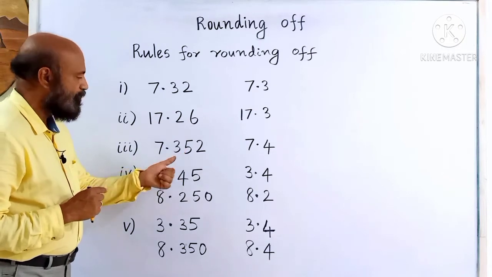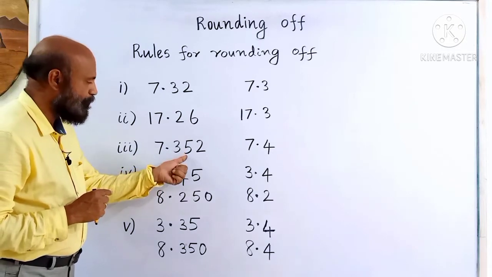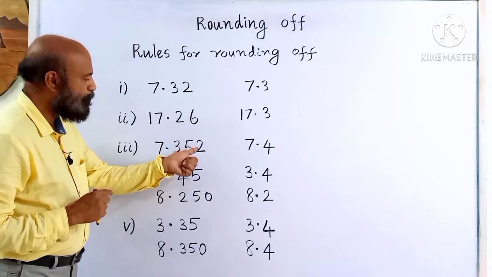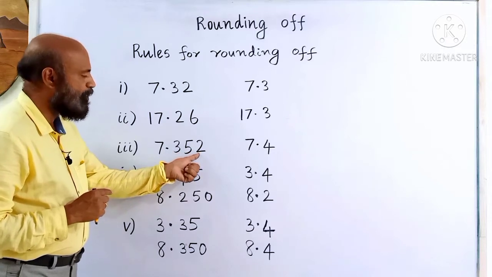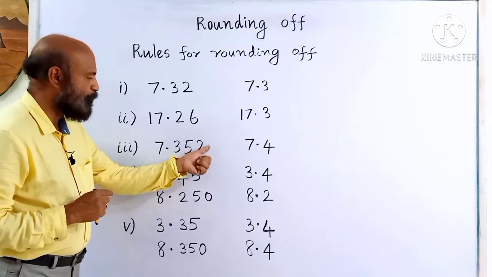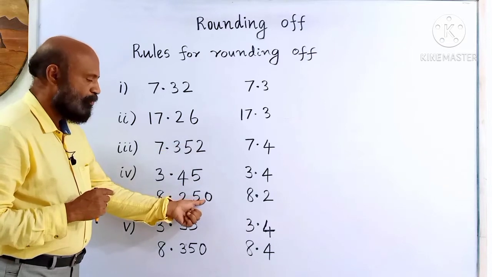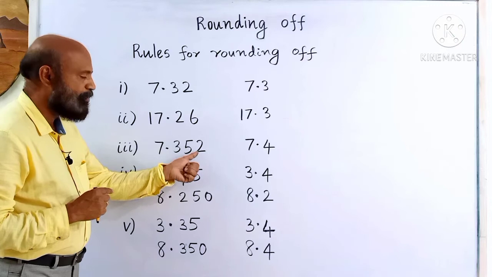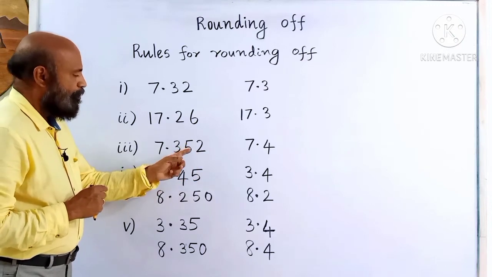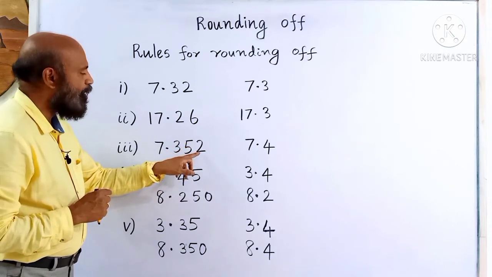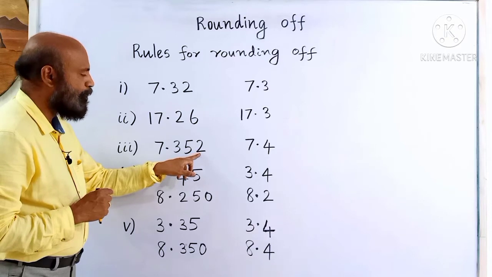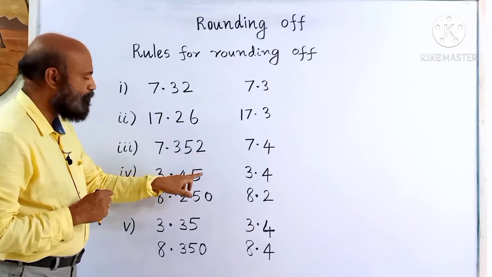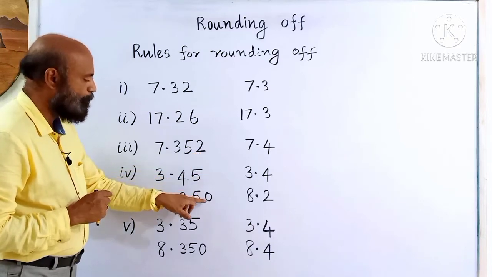Now let us see what will happen when it is 5. So you see the number following this 5. It is a number other than 0. 0 means the rule is different. Here 5 is followed by a number. There are three possibilities. Either it will be followed by a number other than 0, or there may not be any number, or it will be 0.